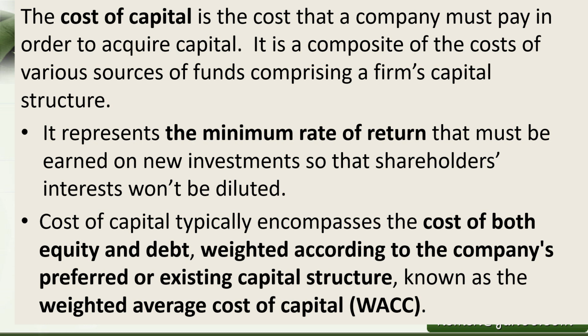Cost of capital typically encompasses the cost of both equity and debt, and within equity we have common stock as well as preferred stock. Weighted according to the company's existing capital structure, it is known as the weighted average cost of capital.